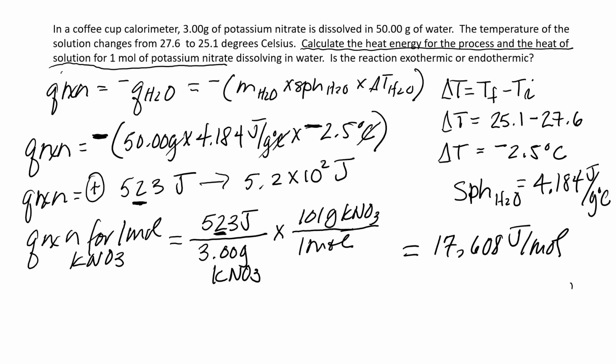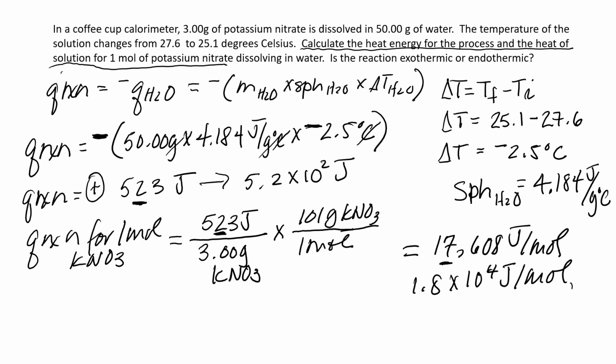So I still need 2 sig figs in my final answer. So I could treat this one of 2 ways. I could write this in scientific notation, in which case it would be 1.8 times 10 to the 4th joules per mole.